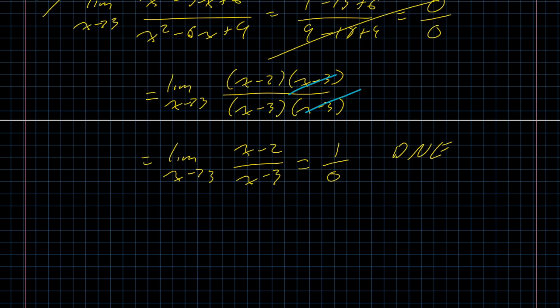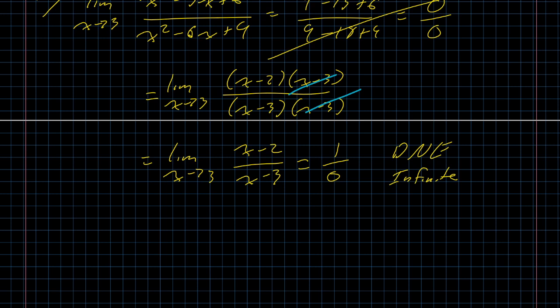Depending on context, it might be best to report this as the limit does not exist, which we usually abbreviate DNE. A 1 over 0, or any number over 0, tends to be an infinite form.